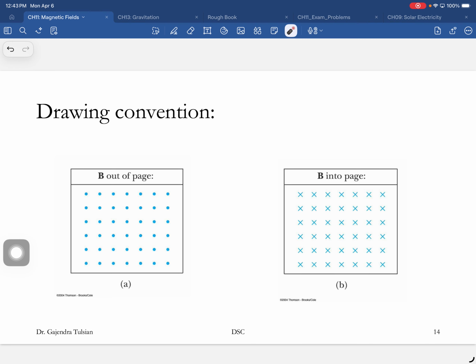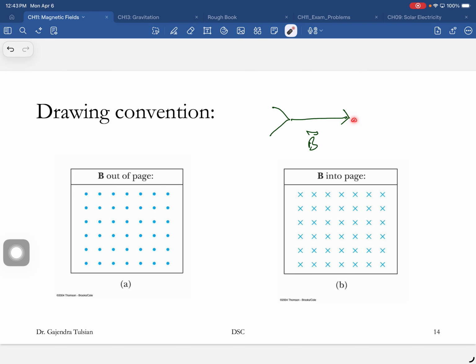Now, in this chapter, you'll do a lot of problems that are in 3 dimensions. So we will need to indicate the direction of the magnetic field. And here's the convention. Think of an arrow denoting the magnetic field. Magnetic fields are vectors.